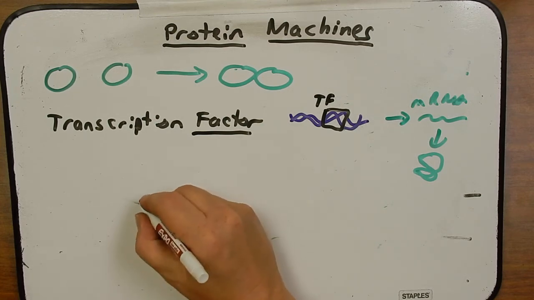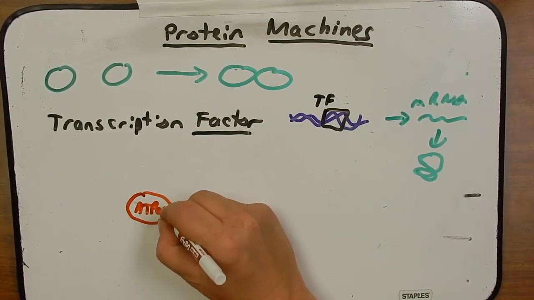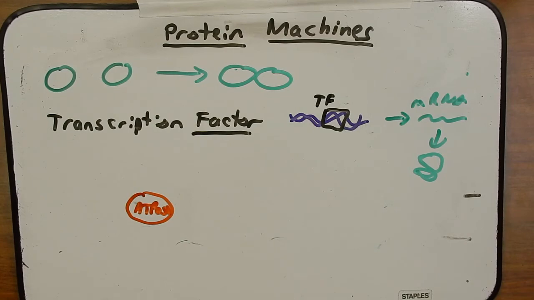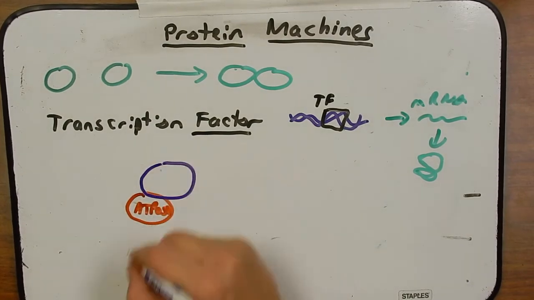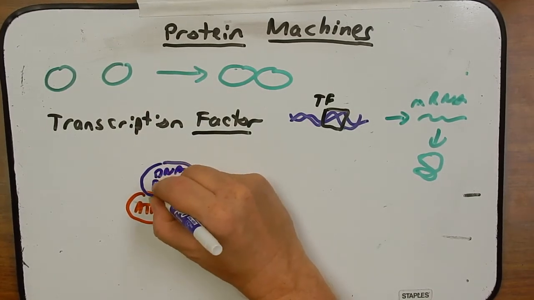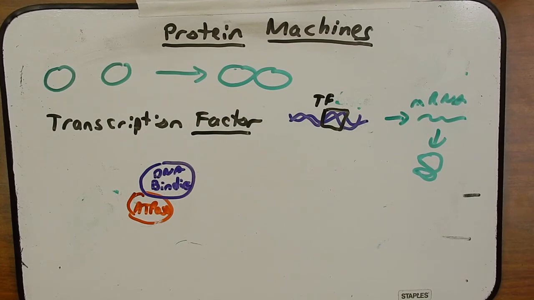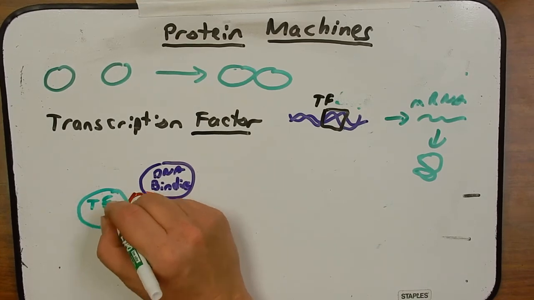So maybe we have a central protein here, and maybe we'll call it an ATPase, something that hydrolyzes ATP to generate energy. Then maybe there's another protein here, and this protein is a DNA binding protein. And then let's draw another subunit, and maybe this one binds another transcription factor.